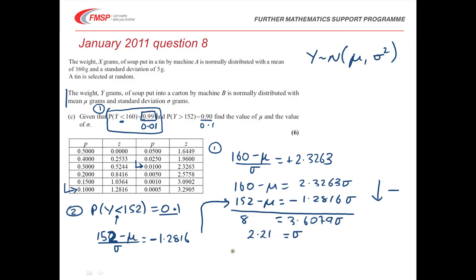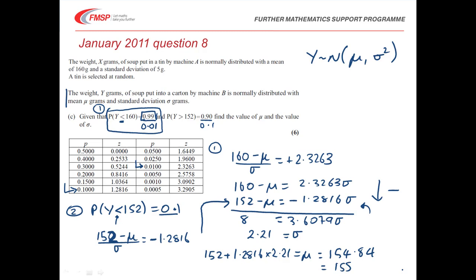I can then substitute that into either of my equations. I'm going to put it into the bottom one, so 152 plus 1.2816 times 2.21 must equal mu. All I've done is rearrange this equation a little bit, and if I calculate that, I will get 154.84. And again, with all of these, anything that rounds to 155 will be correct.